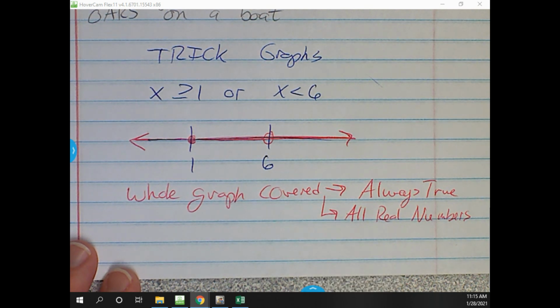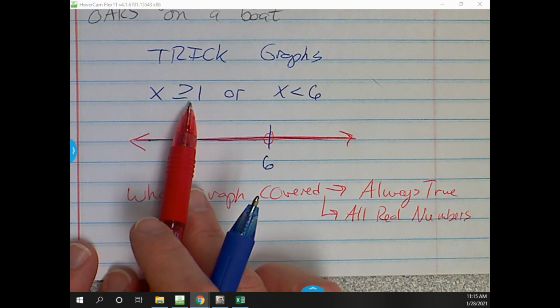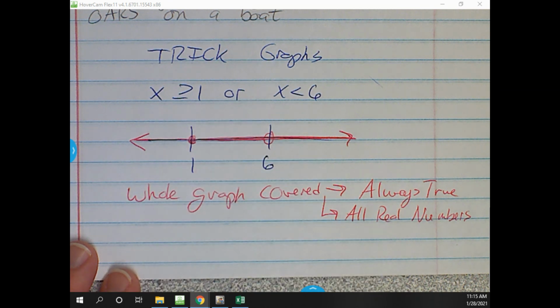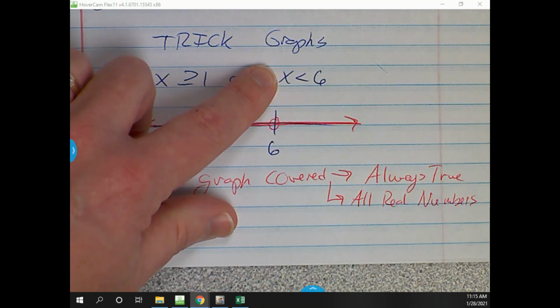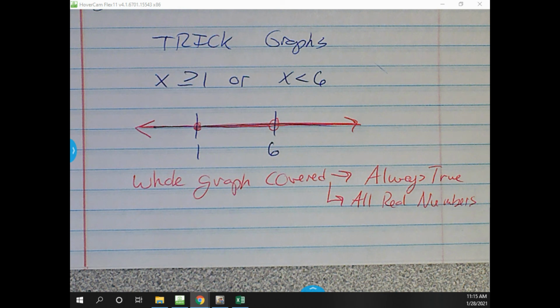Tell me a number that's bigger than 1 or a number that's less than 6. Any number you pick is going to be bigger than 1 or less than 6. If you pick -4, it's like, well, -4 is not greater than 1, but -4 is less than 6. So any number you pick is going to fit in there. And that's why when you do this, you cover the whole thing.